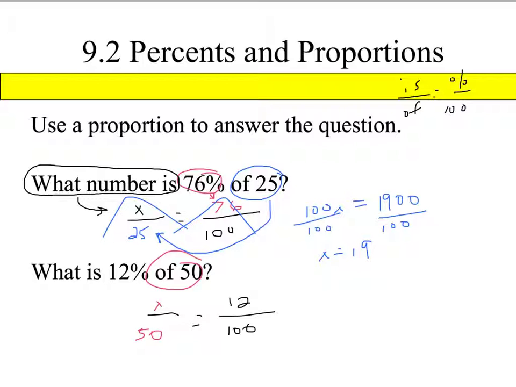I set up my proportion and cross multiply. 100x is equal to 12 times 50, which is 600. Divide by 100 on each side, and I get x is equal to 6. So my answers are 19 and 6. Sweet!